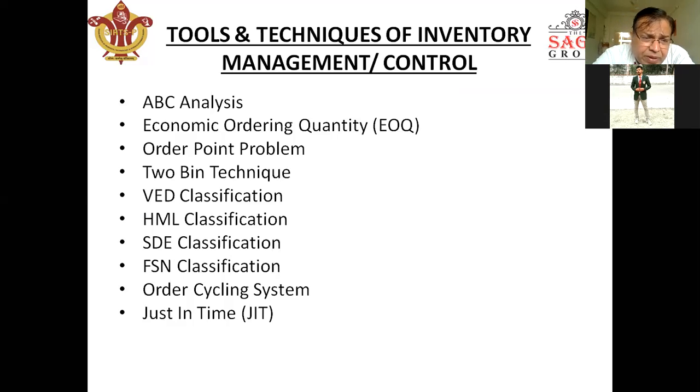If you have pen and paper, just write down, because in examination they directly ask what is ABC analysis, what is EOQ, VED, HML classification, FSN, or JIT, or the two-bin technique. If they ask this question, you have to be able to write an answer. Just note down the names of these techniques. It is very important.